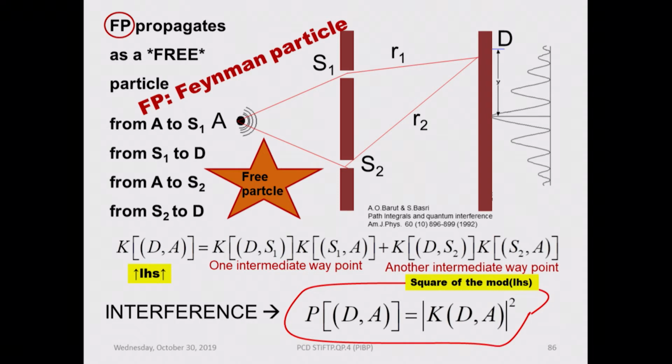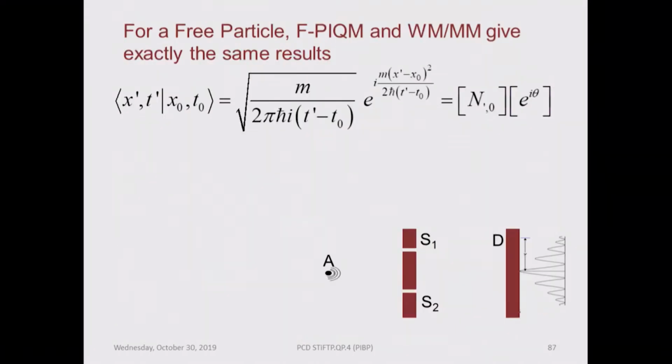This sum is what gives you the left hand side, and the probability and the interference pattern is going to be generated by the modulus square. So, is this expression simple, right? This is what you have to determine.